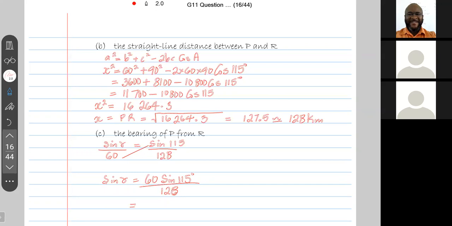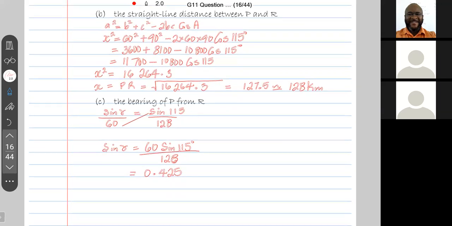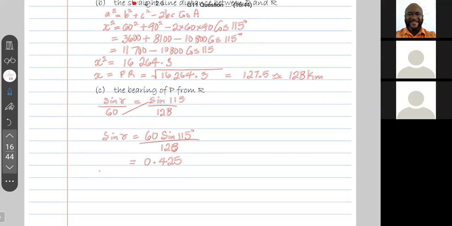So this is 60 sine 115 divided by 128, to 3 decimal places. This is 0.425. So gamma is equal to sine inverse 0.425.